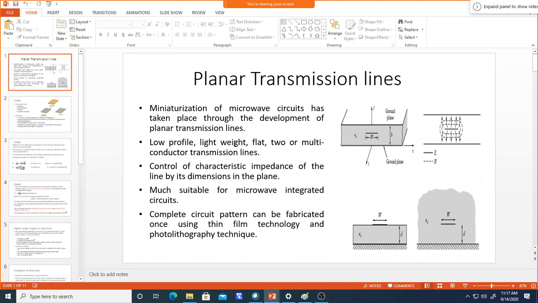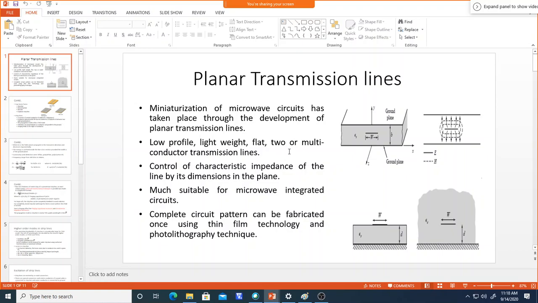And lightweight, so the weight will be just a few grams, and it will also be very flat. There is no bending. You can even make the thickness of the PCB material very low, and it can be made conformal also.